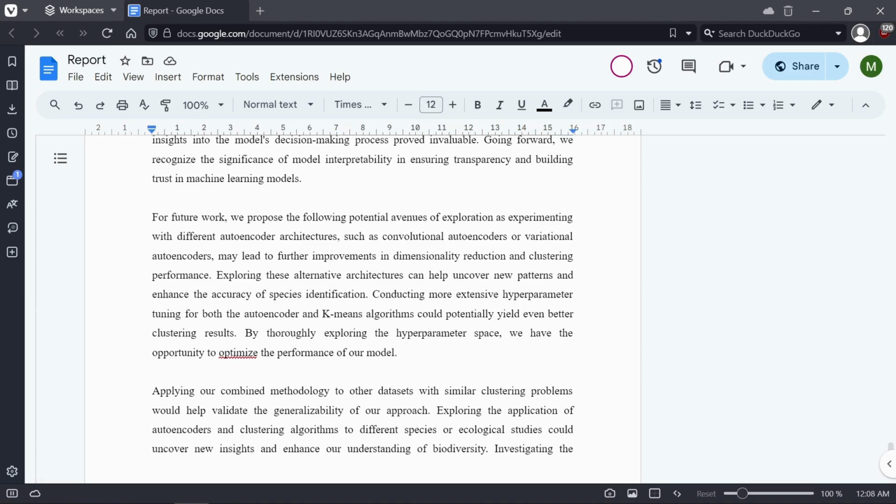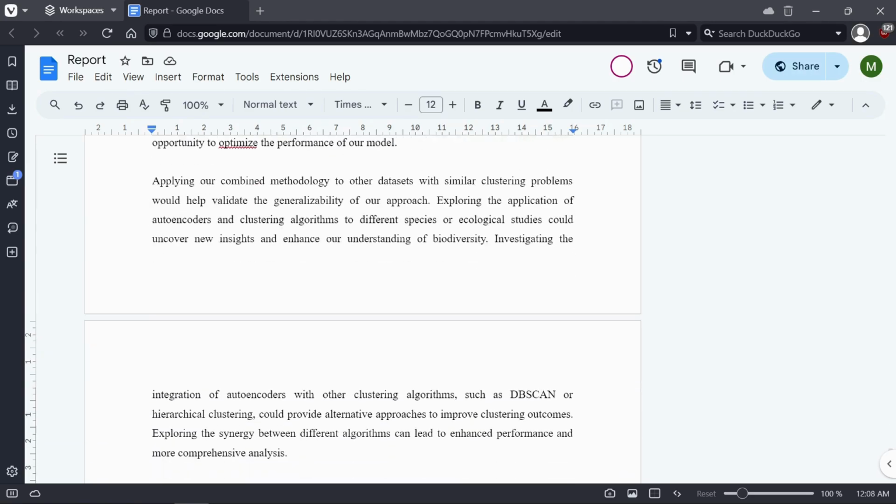Exploring these alternative architectures can help uncover new patterns and enhance the accuracy of species identification. Conducting more extensive hyperparameter tuning for both the autoencoder and k-means algorithm could potentially yield even better clustering results. By thoroughly exploring the hyperparameter space, we have the opportunity to optimize the performance of our model.